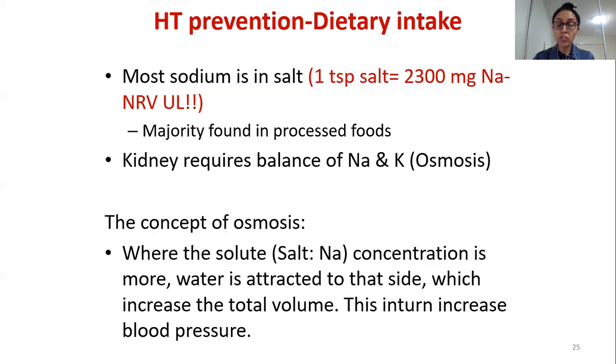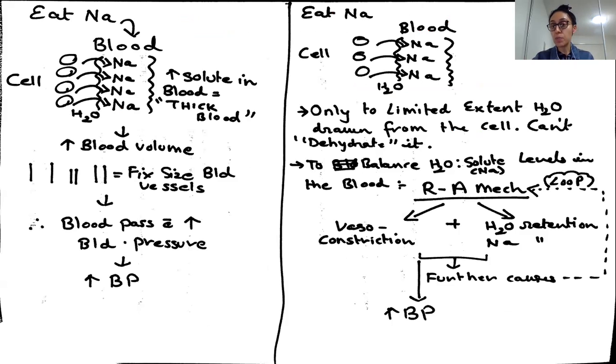But yes, the majority of your sodium is found in processed foods, because a lot is added as a preservative as well. Your kidneys, as I said, are very, very important. They are required to maintain an osmotic balance of sodium and potassium. Sodium as a cause of hypertension is very rare, but chronic high intake of sodium as a cause of hypertension is plausible, and the mechanism is explained over here.